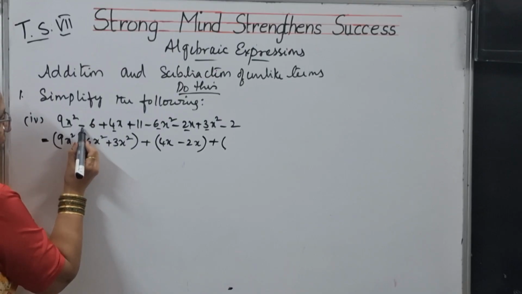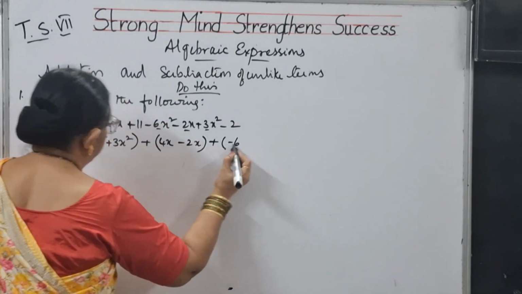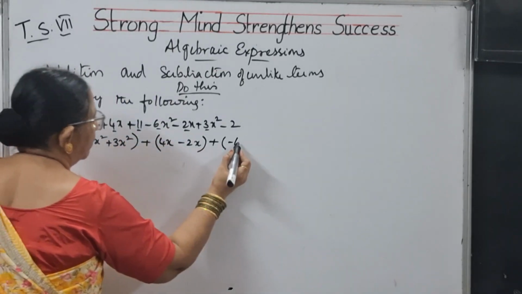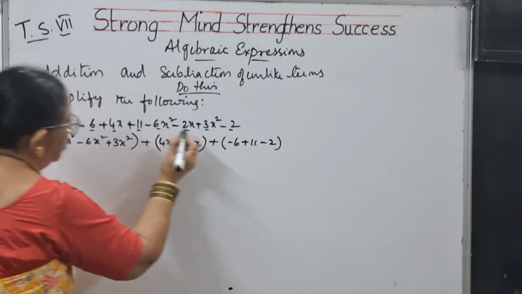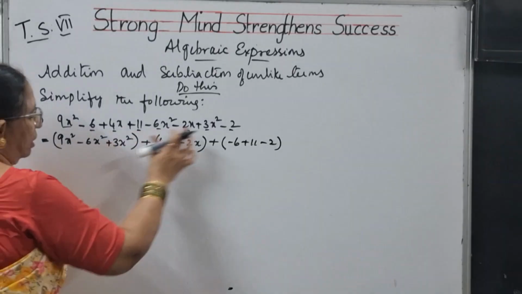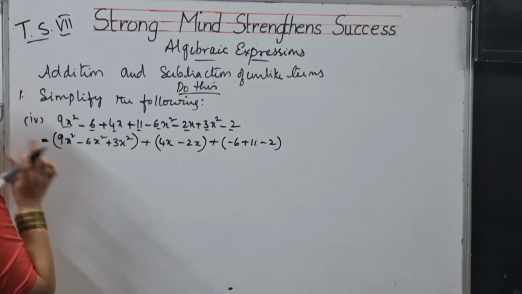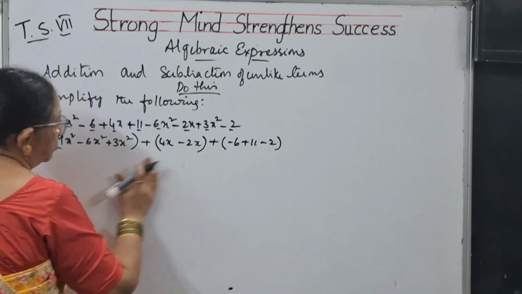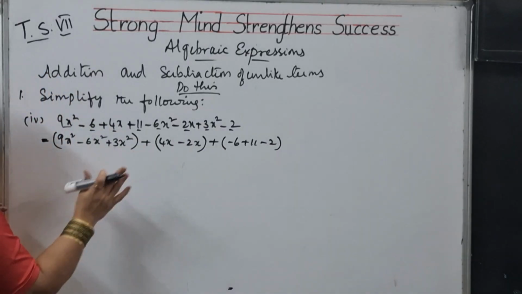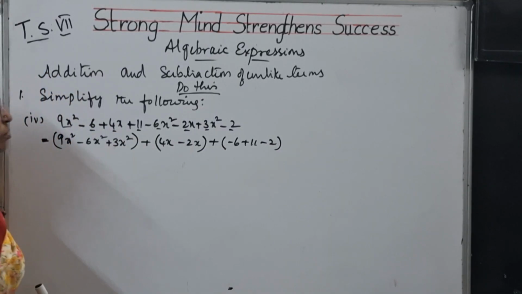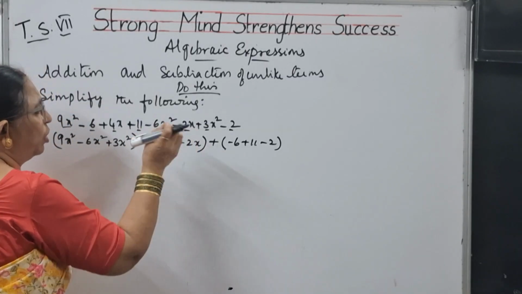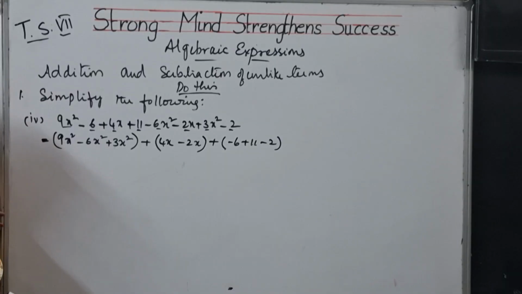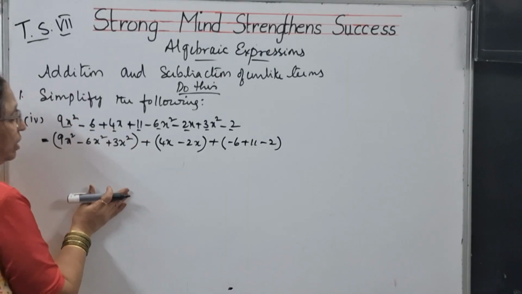Whatever is remaining: minus 6 is there, minus 6 plus 11 and then minus 2. Why did I keep a mark under the numbers, children? It's so that you will be sure that whatever is given in the problem you have written. Because while arranging, sometimes you may miss a number. So in order to get rid of that, if you keep this small dot, you will understand that yes, that part is finished, I have copied. So you can very confidently go to the next step.